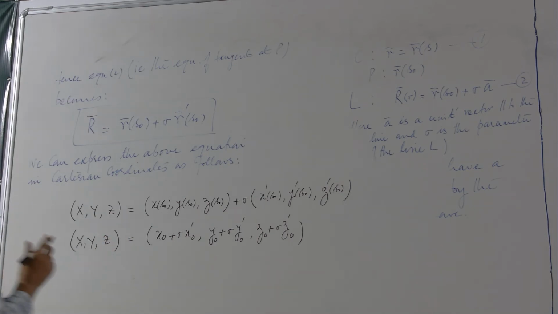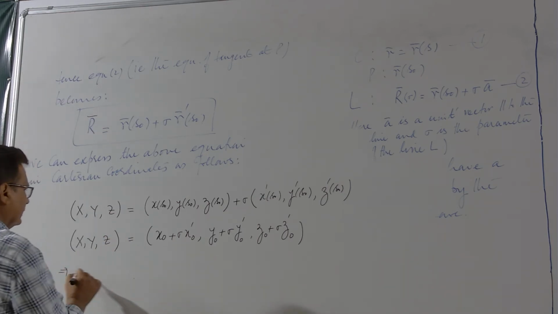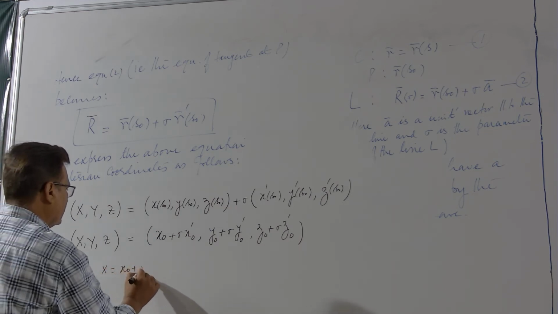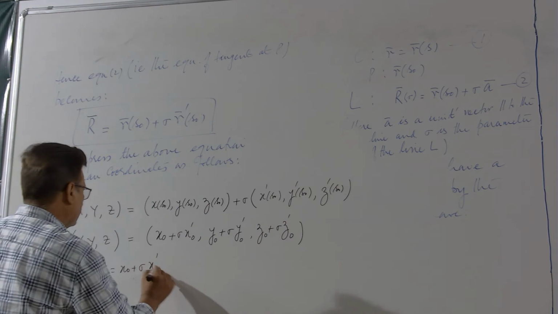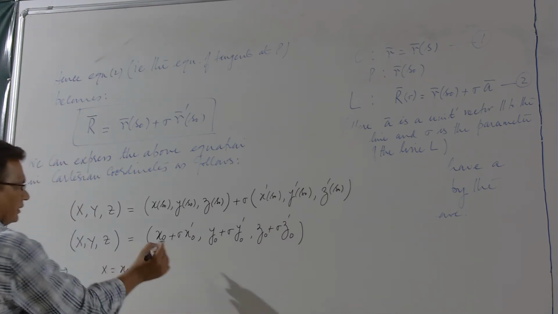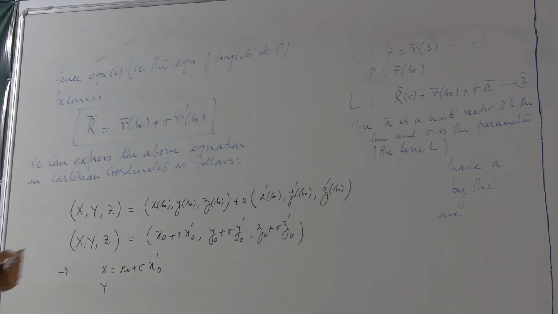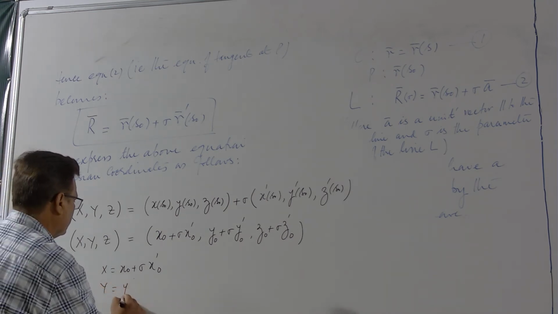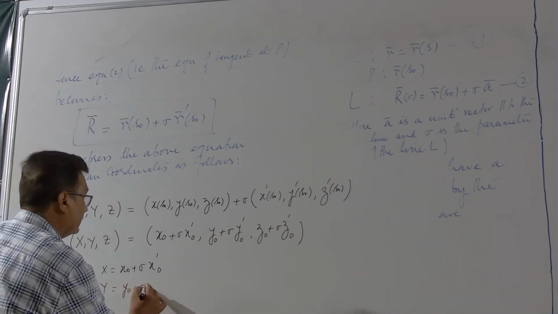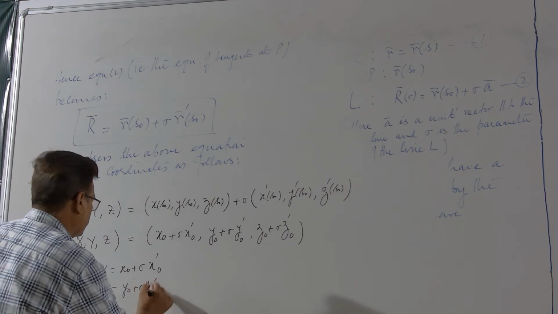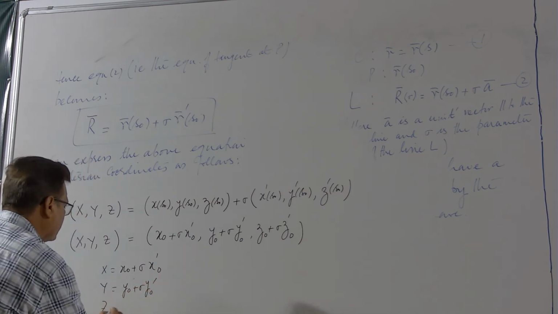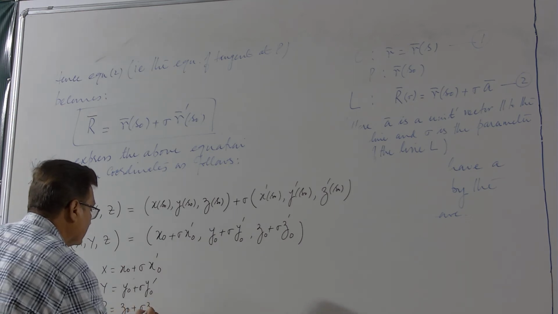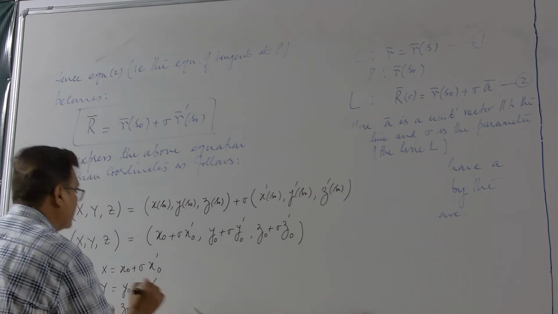So, you get from here that x equal to x 0 plus sigma times x dash 0, y equal to y 0 plus sigma times y dash 0, and z equal to z 0 plus sigma times z dash 0, because if two vectors are equal, their components are equal.